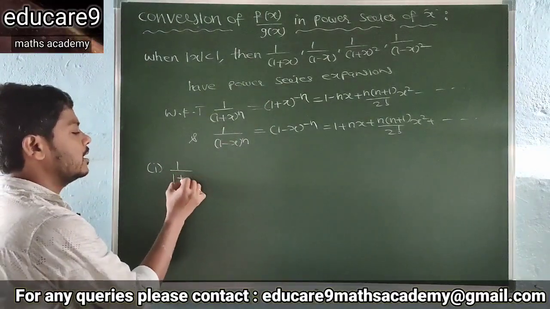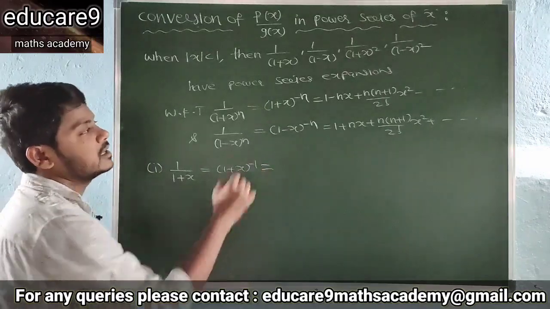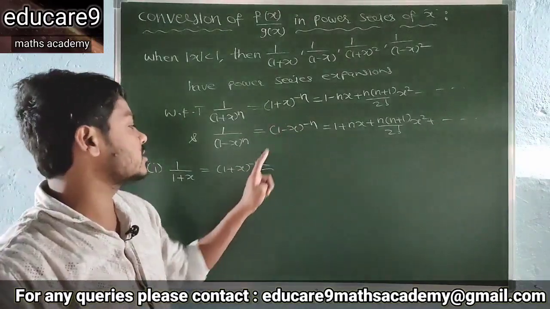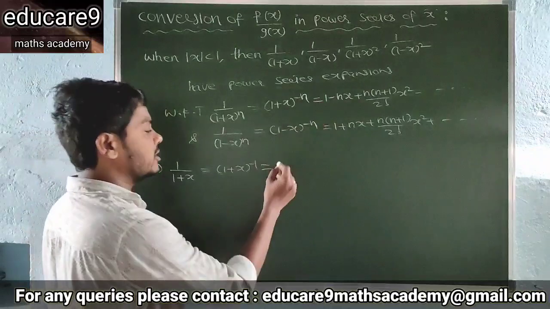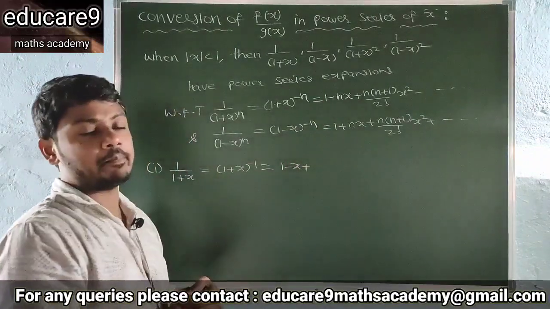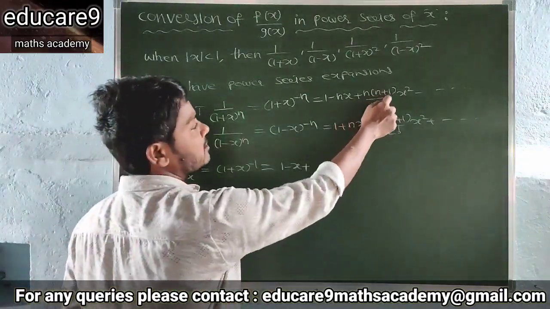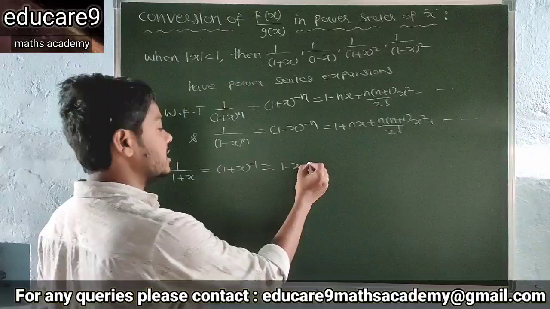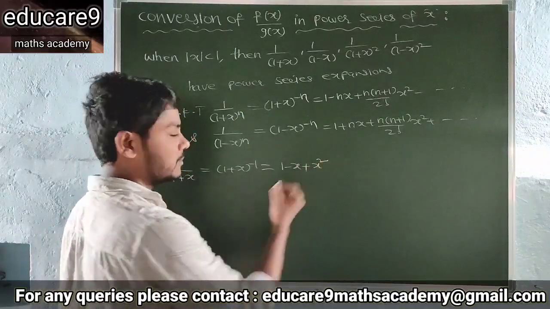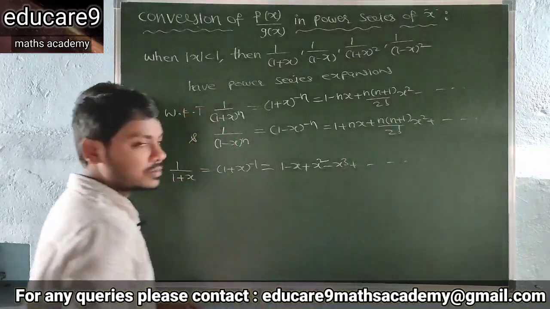Now the first one, 1 by 1 plus x. This is 1 plus x whole to the power of minus 1, so clearly n is equal to 1. Substituting, you get 1 minus x plus 1 into 1 plus 1 by 2 factorial, that is x square, next minus x cube and so on.